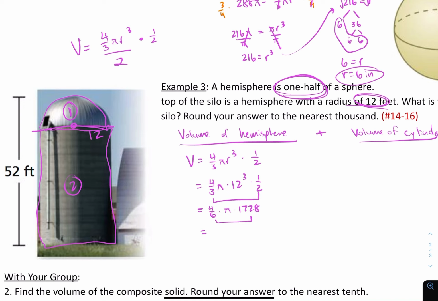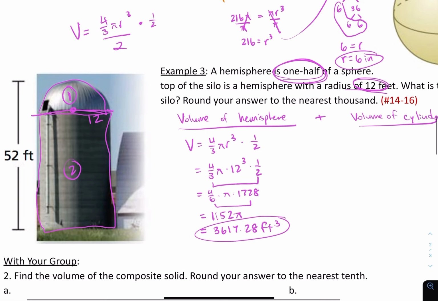If I multiply that by 4/6, I actually get 1,152 times pi, and multiplying that by 3.14 gives 3,617.28 feet cubed. So that's the volume of my hemisphere. A hemisphere is half of your sphere. That's how I would talk about that.